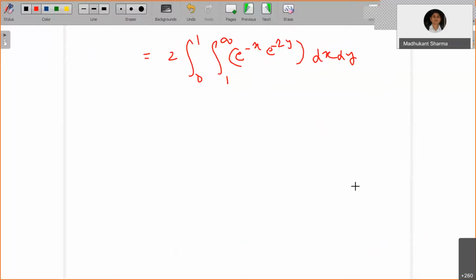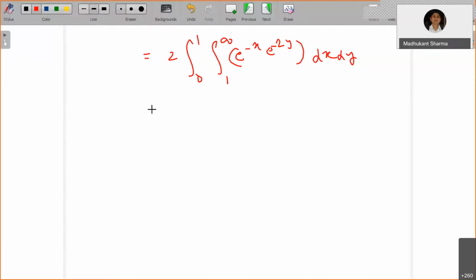You can integrate with respect to x and then with respect to y. Look at this: one of the limits is infinite, so this is a type of improper integral. However, if you look at the integrand carefully, when x tends to infinity, it tends to 0, and it remains bounded over the entire interval.